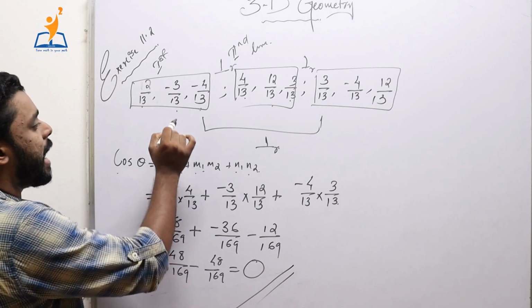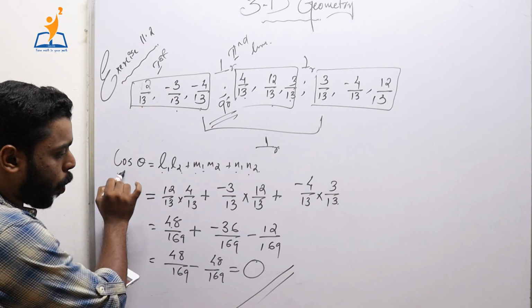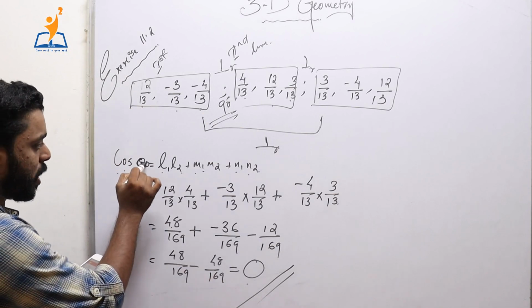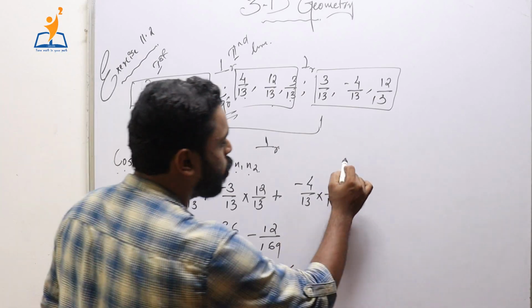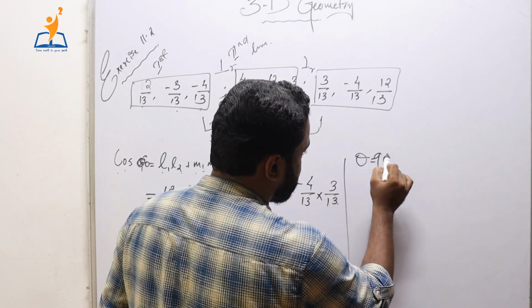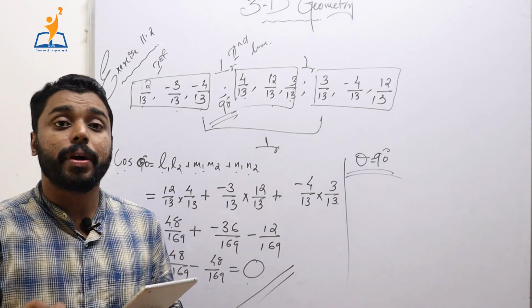Which means that the angle between the first and the second line is 90 degrees, since cos 90 degrees can only be 0. So cos theta is 0, which means that theta is equal to 90 degrees, isn't it? Which means that the first and the second line are perpendicular to each other.